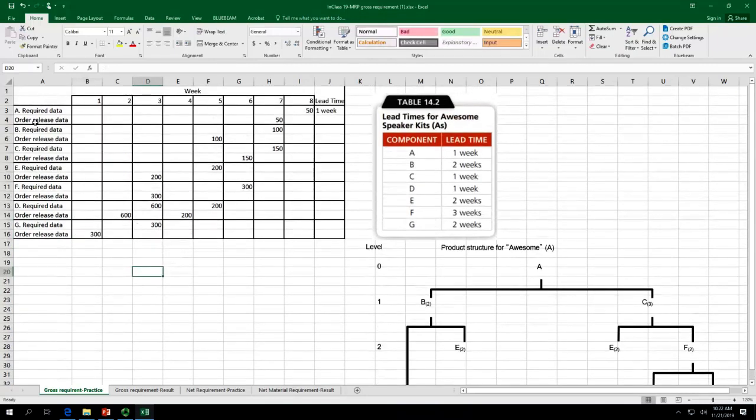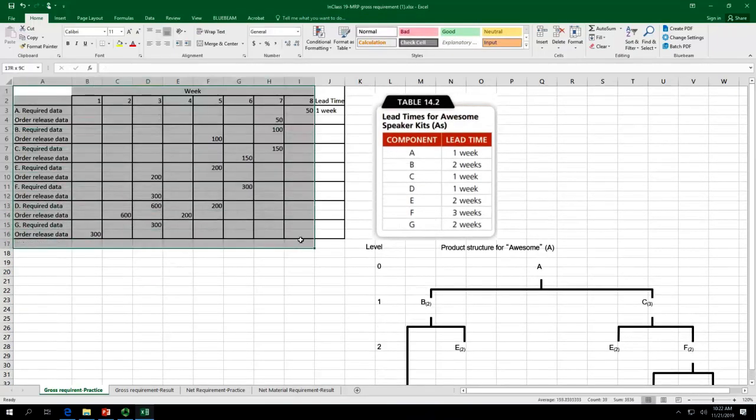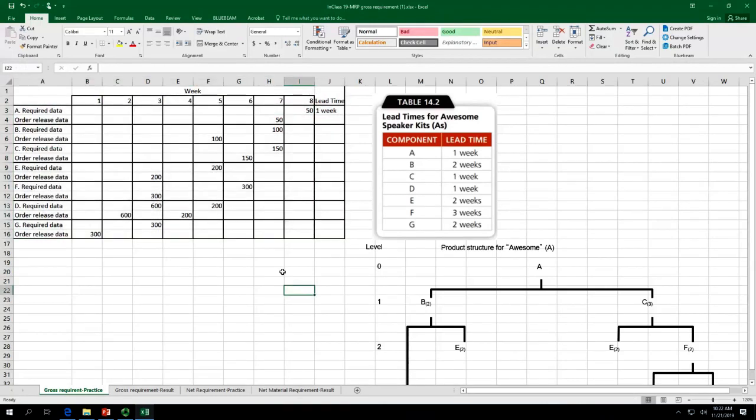So here is the overall material requirements plan. It runs from the 1st week to the 8th week, but the working logic actually starts from the 8th week back to the 1st week.